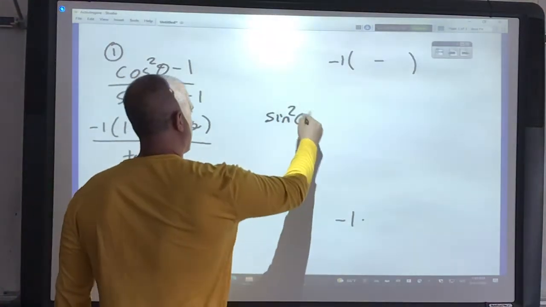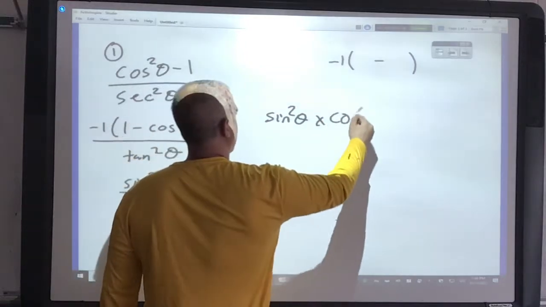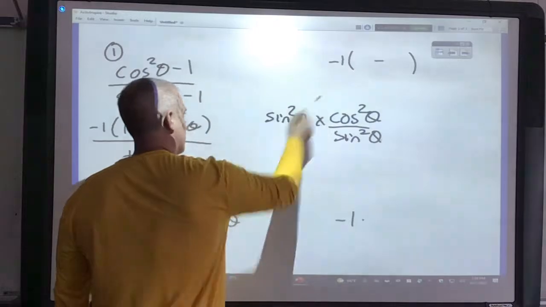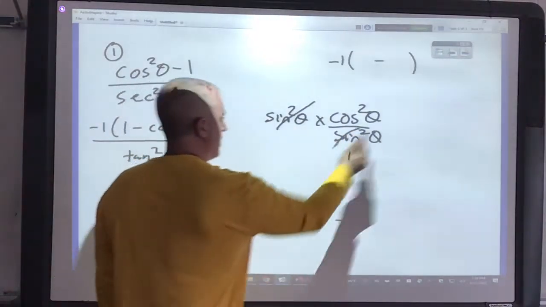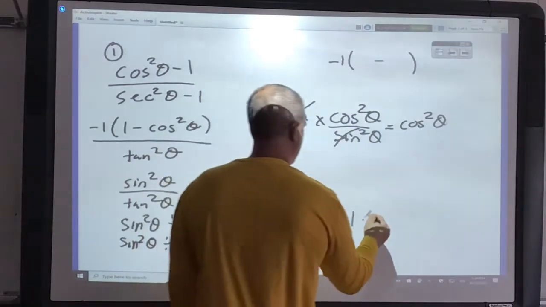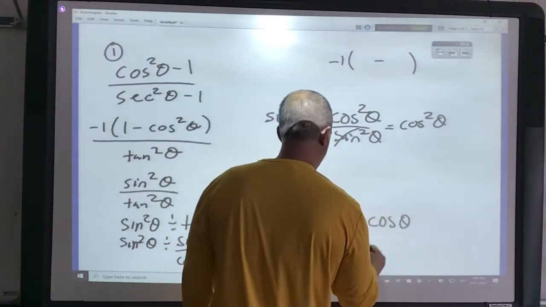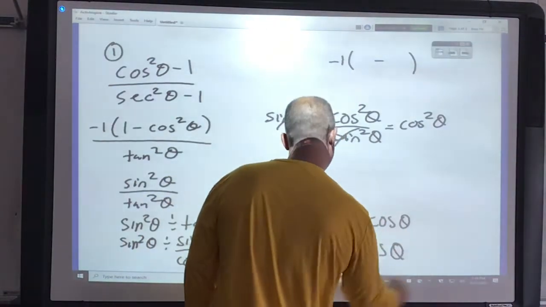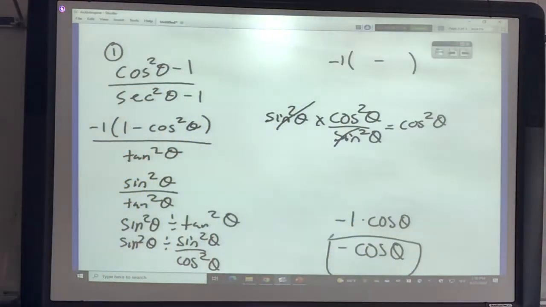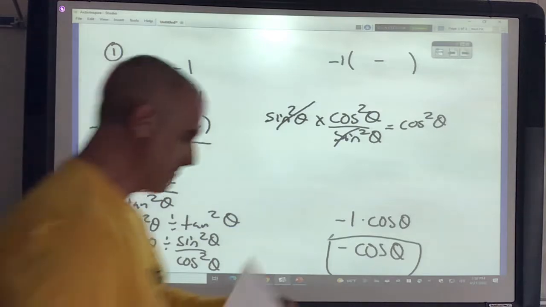So I got sine squared times cosine squared over sine squared. I cross that off and I'm left with cosine squared. Now remember, I took out that -1, so I multiply that times -1. So my actual answer is negative cosine squared. Sometimes leaving that negative out to the end will help you.